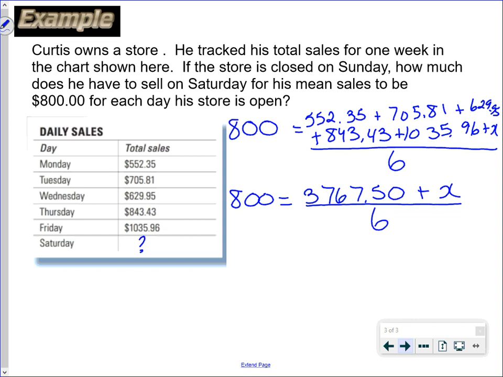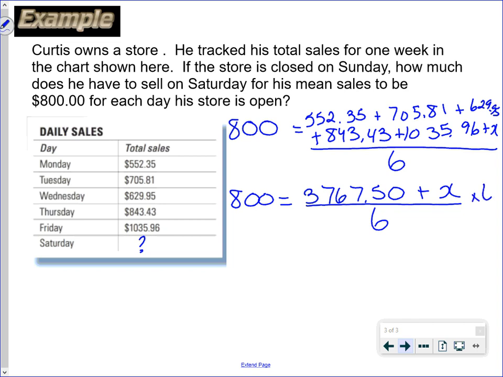So for Monday to Friday, he sold $3,767.50 worth of sales. Now we want to solve this so we can calculate the X value, which represents the total sales for Saturday.